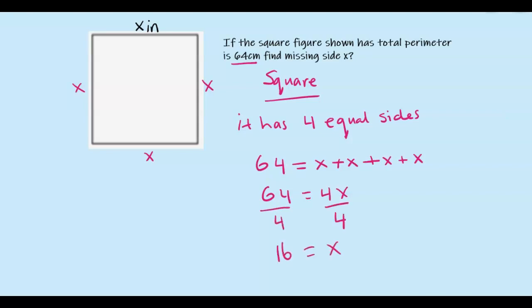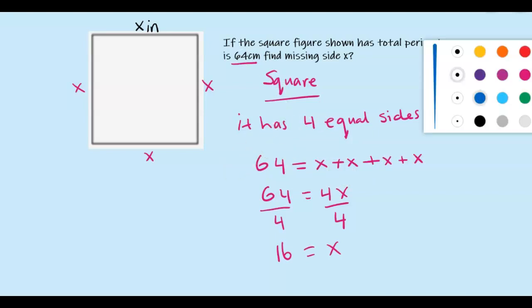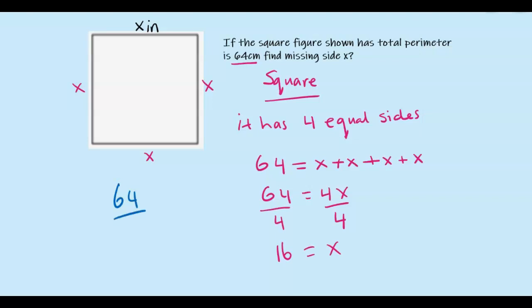That gives us 16. If you don't need to add x all together, you know that it has 4 equal sides, so all you have to do is 64 over 4, and that gives you 16. So that means x is equal to 16 inches, and that's all you have to do.